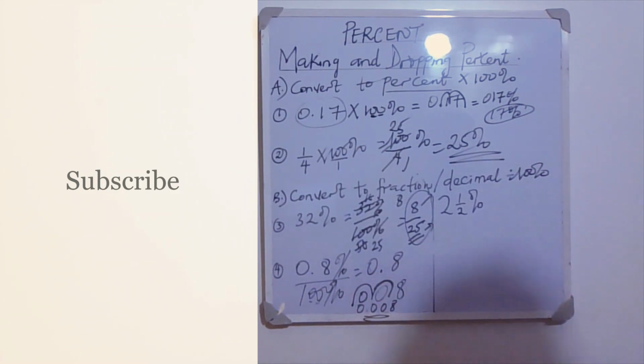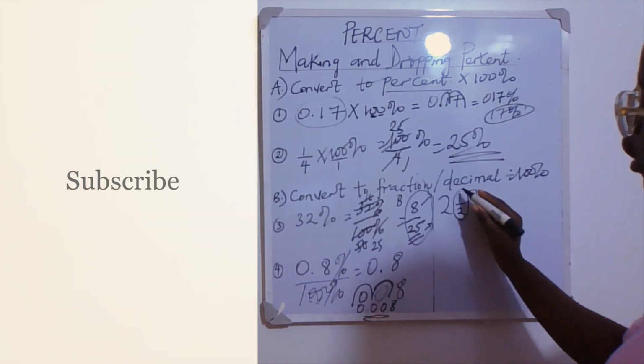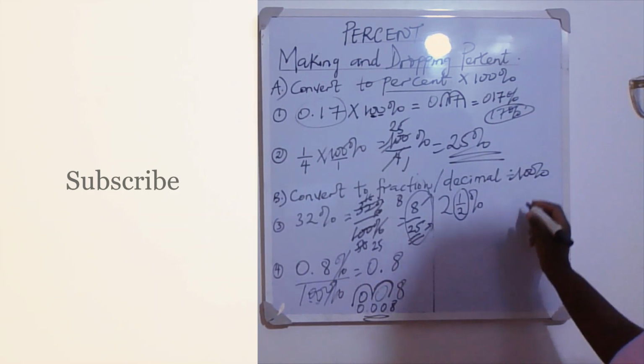All right. So for the final one, which is 2 whole number 1 over 2 percent, this is a mixed fraction. We want to convert from percent now to a decimal. We need to first convert this 1 over 2 to a decimal. How do we go about it?